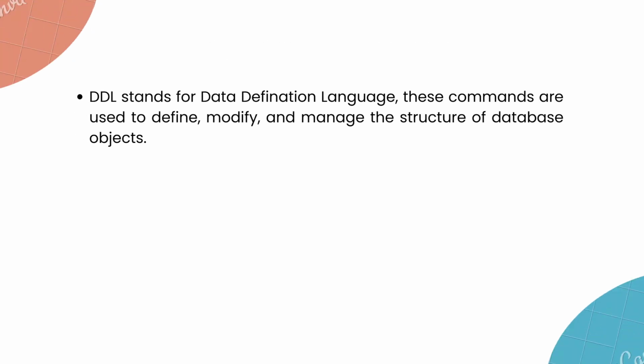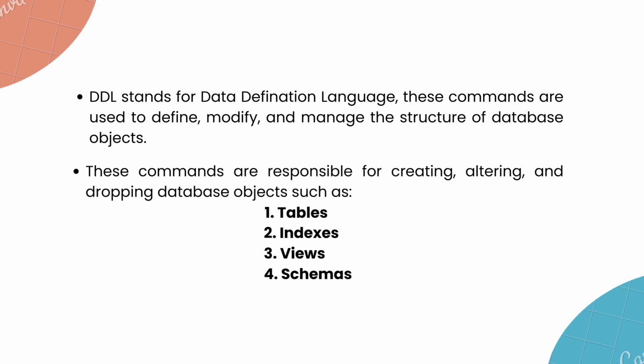DDL stands for Data Definition Language. These commands are used to define, modify, and manage the structure of database objects. These commands are responsible for creating, altering, and dropping database objects such as tables, indexes, views, and schemas. Now, an example using all the commands.